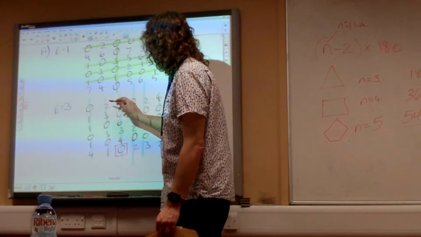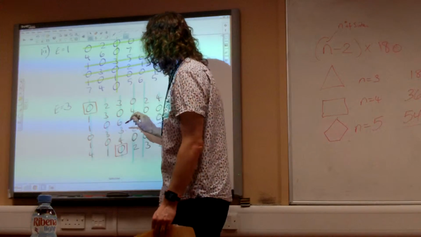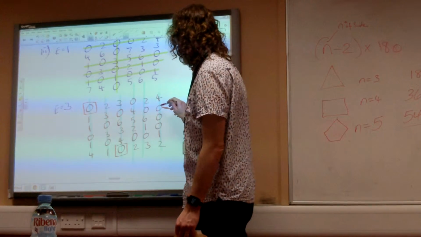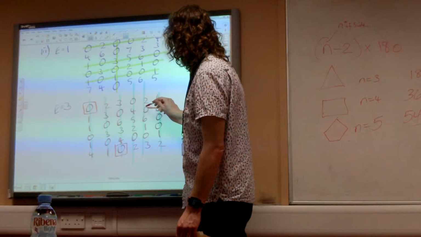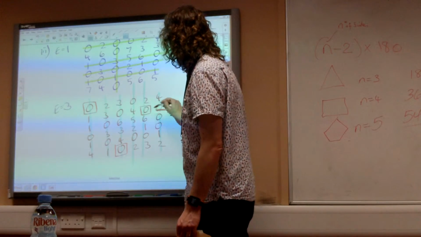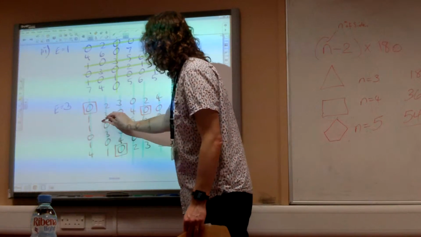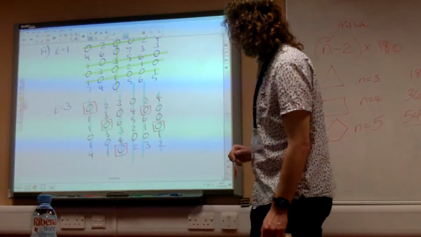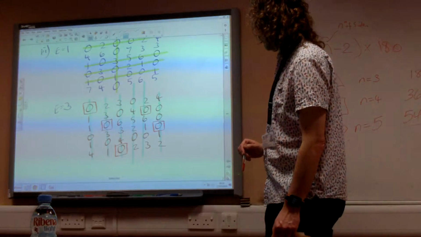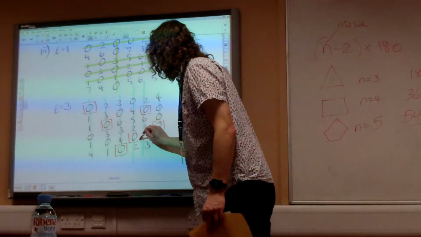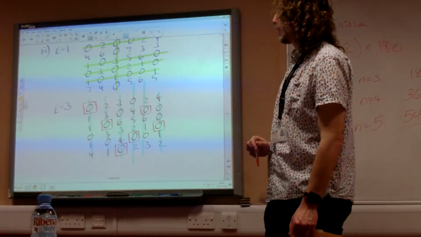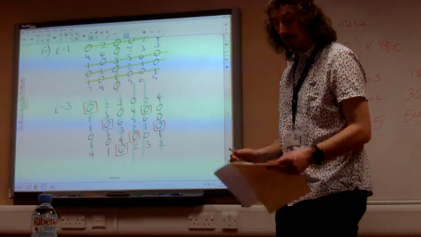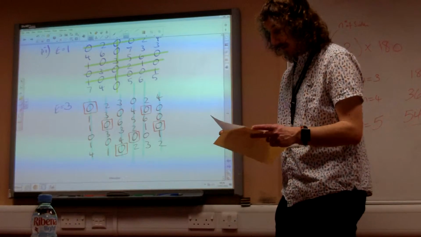We could, if we take that 0 there, for example, and let's have that 0, that 0, that 0. Has that done it? I've only got 5 zeros. There we go. There's the 6th one. That's 1 in each row and 1 in each column. So that is a solution.